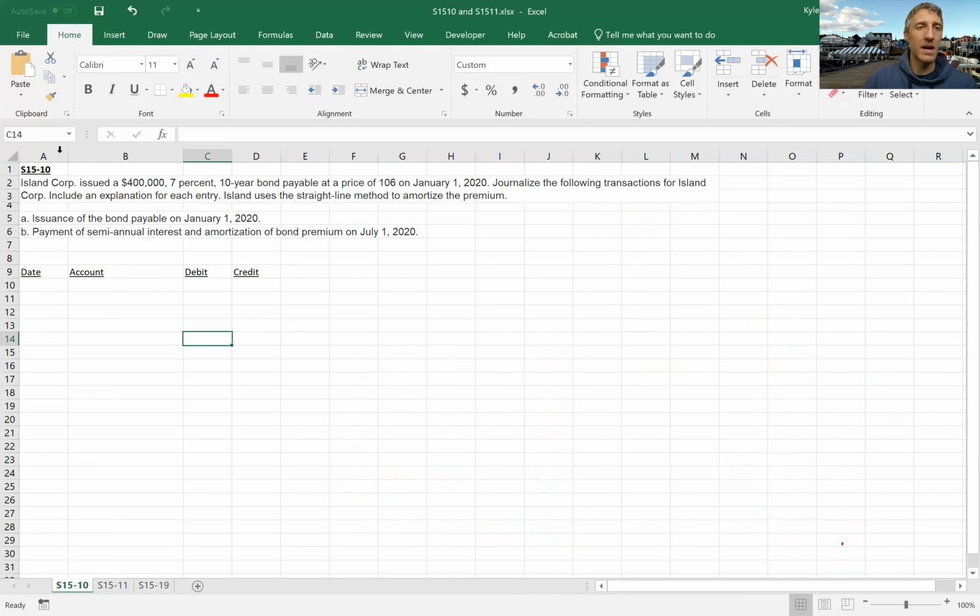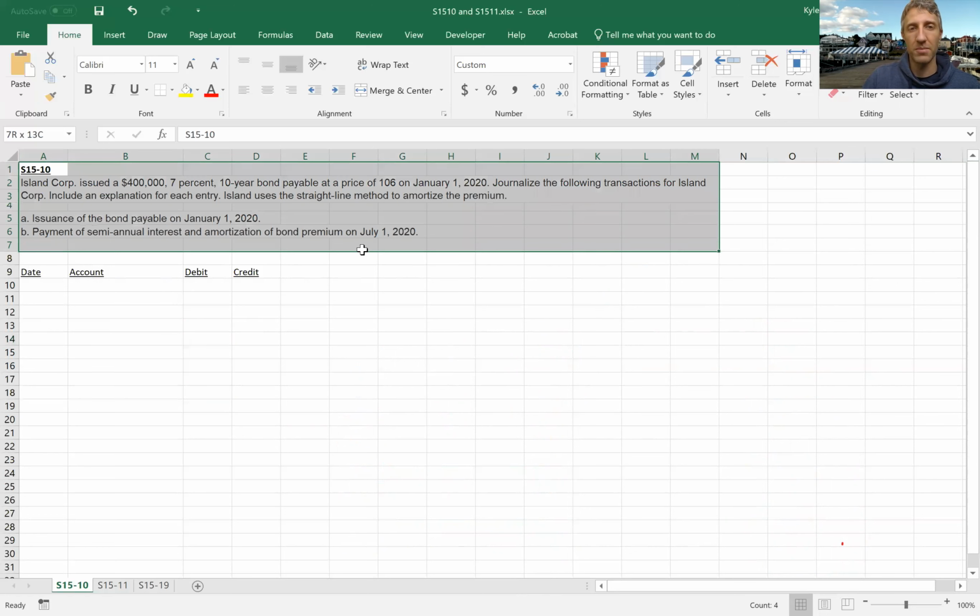So then going back to S15-10 and thinking about this, well, why do organizations issue bonds in the first place? They issue bonds to raise money. It's a vehicle for which they can raise cash and use that to really do whatever they want with it. Usually it would be for a specific purpose, but it's a mechanism that allows them to raise cash. So I know when an organization issues bonds, cash is going to go up.